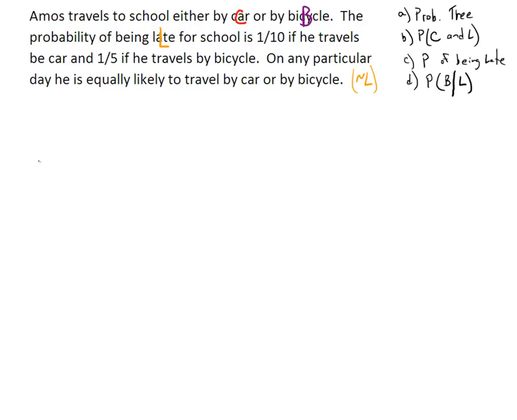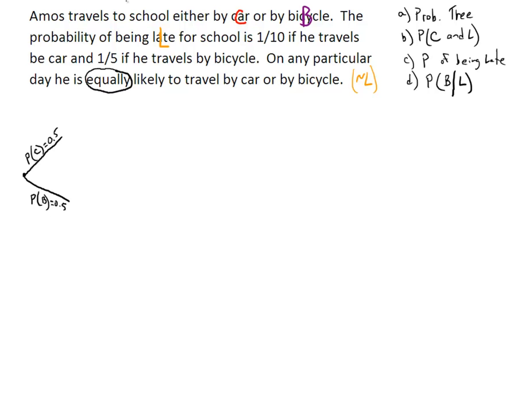We need to say we have 2 choices. He needs to get to school, so it says both are equally likely. That's important here. Equally likely between 2 options means a 50% chance of both, or 1 over 2, or 0.5. So the probability that he took his car to school is 0.5, and the probability that he took his bike to school is 0.5. That comes from the equally likely.